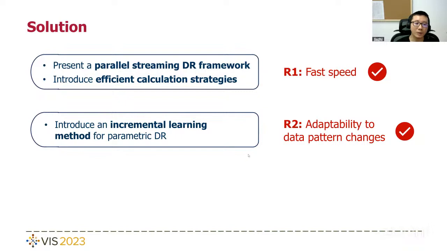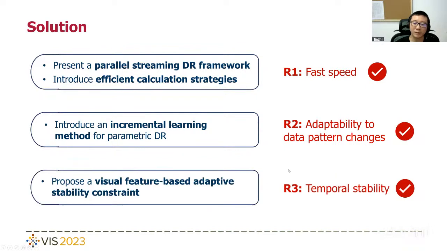Second, we introduce an incremental learning method designed for parametric dimensionality reduction techniques to accommodate changes in data patterns. Thirdly, we propose a visual feature-based adaptive stability constraint in the updating process, ensuring the stability of the embedding results.